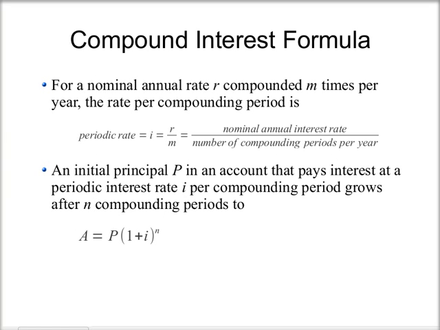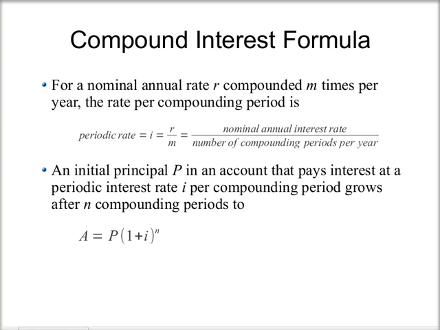Now let's look at how to calculate compound interest. First, we need to find the periodic interest rate. For a nominal annual rate R compounded m times per year, the rate per compounding period, or periodic rate, is given by R divided by m. So that is the nominal annual interest rate divided by the number of compounding periods per year.